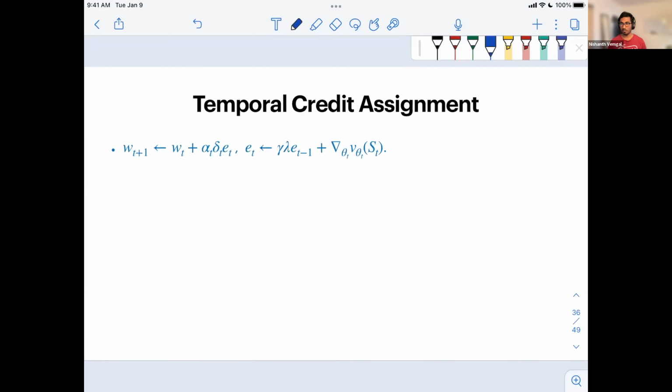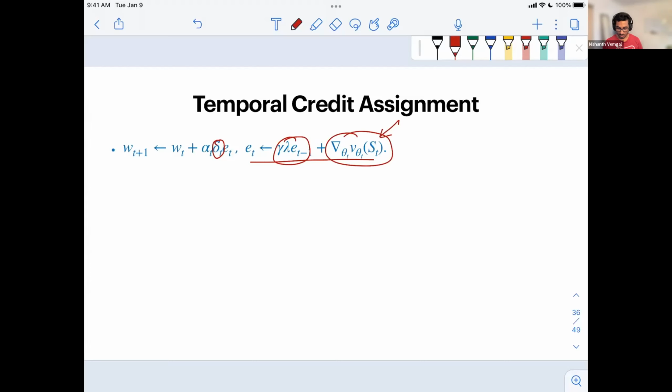If you see the update equation here, we have our traces, which have the gradient at time step t, and we have the error at time step t. So essentially we are asking the question: I have some error at this point in time, delta t. Which state should I pass this error to? Should I just update my current state, V of s_t, or should I pass it to all the states that I have seen in the past? And the way we can control it is by adjusting lambda.